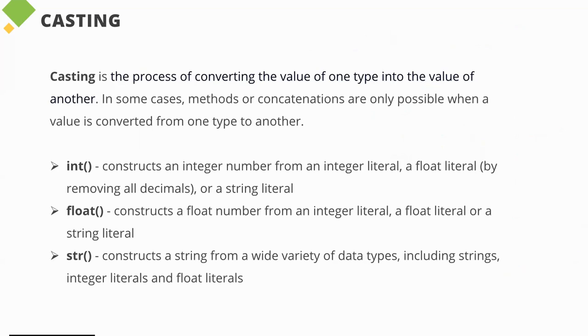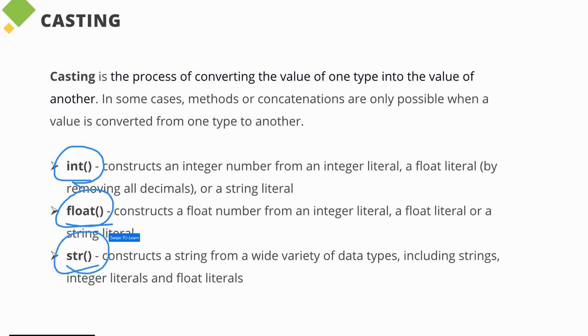So casting is the process of converting data types. We generally convert the low order data type to high order data type. Suppose, like int can be converted to float or string. Float can be converted to string like this. So these are the functions. Whenever we use int(), we can convert to an integer. float() to convert into a float number, str() to convert into a string.